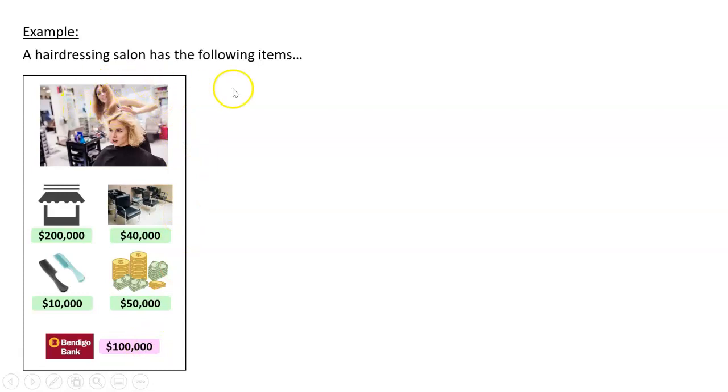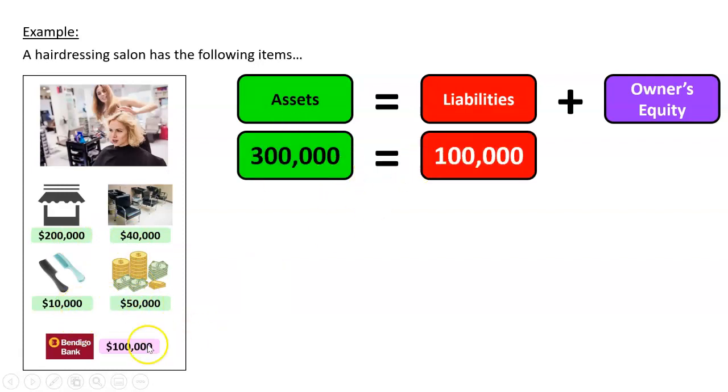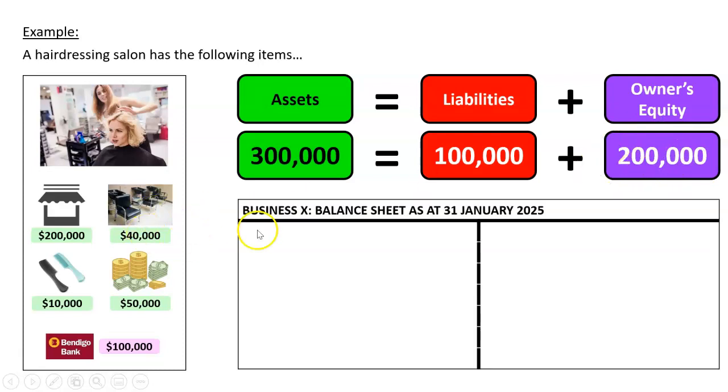What's her ownership or representation or claim to the business? How much of the assets does she kind of have a residual interest in? Well, we've got our accounting equation for that. We add all these up, 200,000 plus 40 plus 10 plus 50, we've got 300,000 equals that debt to the Bendigo Bank of 100,000. So her owner's equity is 200,000. That's her residual interest in all of these assets.